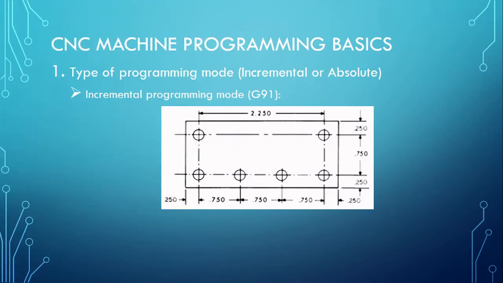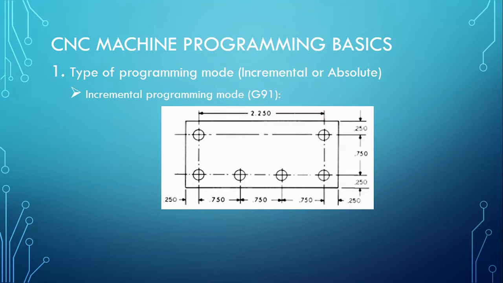So for the CNC machine programming basics, number one is the type of programming mode on the CNC machine, and there are two programming modes, which are incremental and absolute. Now, neither of these programming modes is right or wrong, but it depends on your preference as the operator.